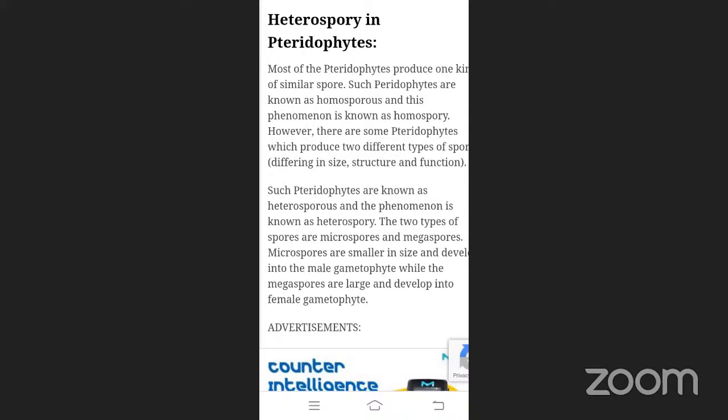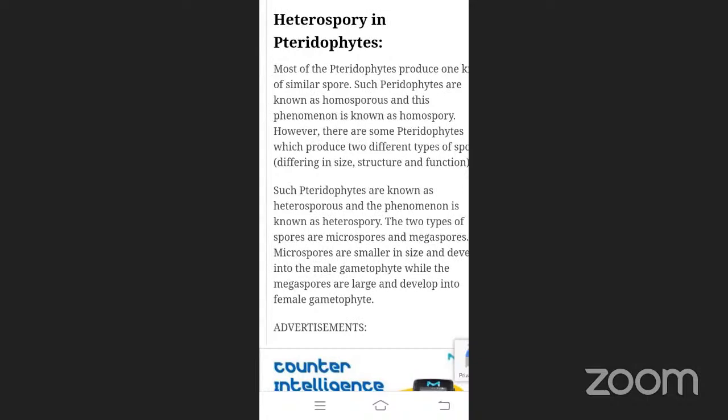So there are experimental evidences. What are the experimental evidences? They have shown that a nutritional factor is responsible for the origin of heterospory. In Selaginella, plants grown under feeble light produce strobili containing only microsporangia because the rate of photosynthesis is reduced.